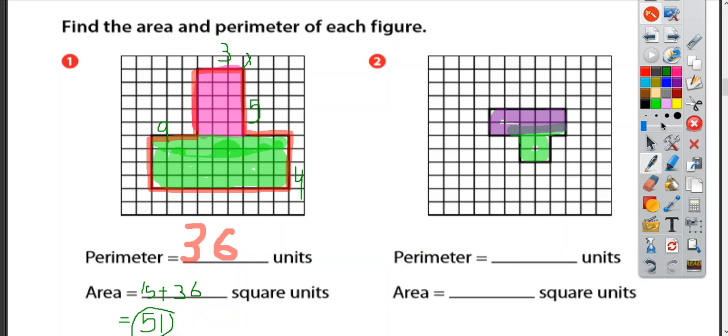What about this shape? When you want to calculate the perimeter, you will just add the units here. So count 1, 2, 3, 4, 5, 6, 7, 8, 9, 10, 11, 12, 13, 14, 15, 16, 17, 18.